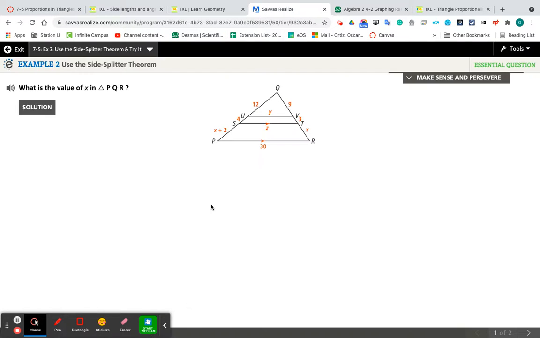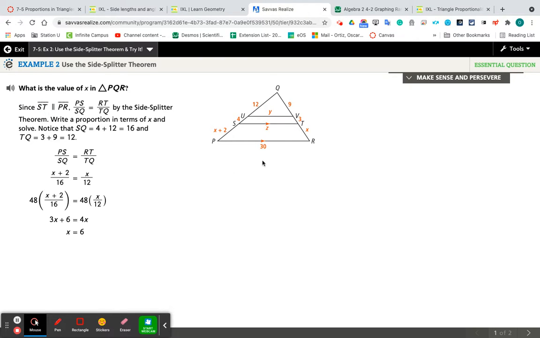So in example 2, we want to use this theorem to find the length of some sides in a triangle. So first, to find x, x involves only the segments SP and TR, so we are forgetting the line UV for a second.